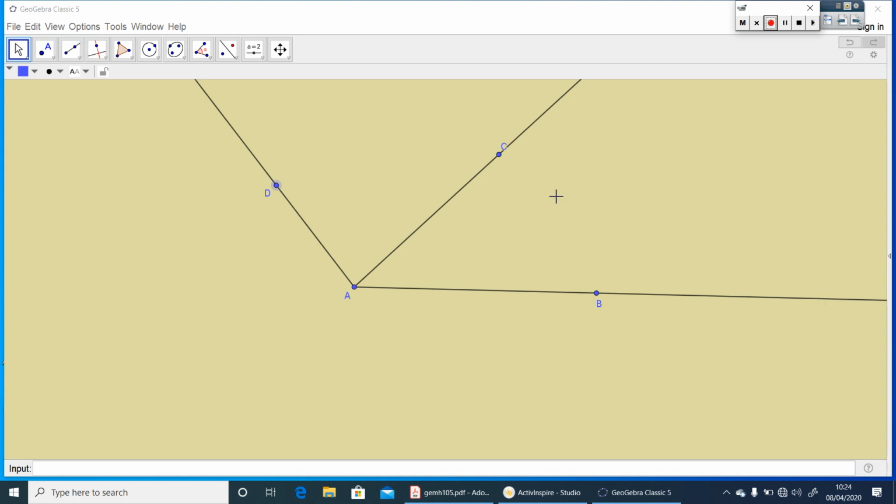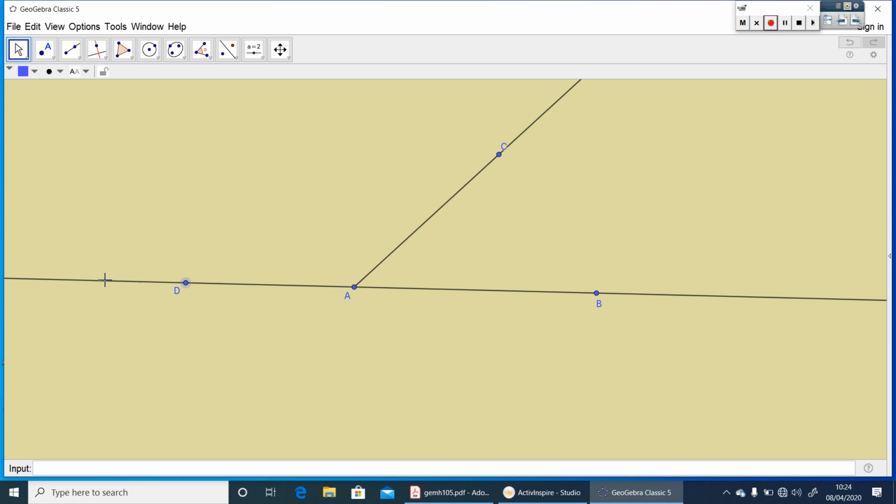Here is a pair of adjacent angles. Angle BAC and angle DAC are adjacent angles. Now let me change the angle. Now also these are all adjacent angles. Now look at here. What is the common arm? Yes, AC is the common arm. What are the non-common arms? AB and AD. But here these non-common arms have a speciality.